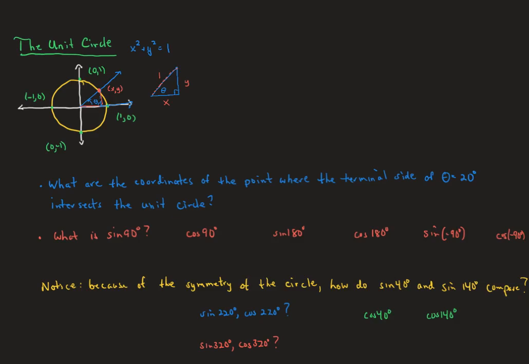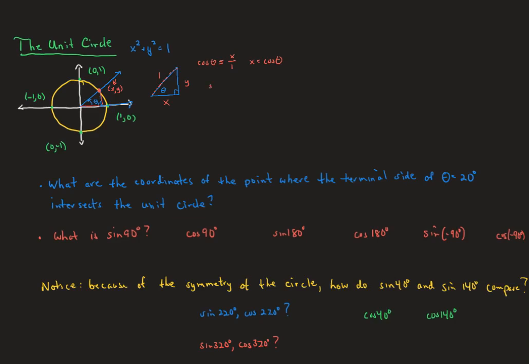So using our right triangle definition, we can say that the cosine of theta is going to be the adjacent, which is x, over the hypotenuse, which is 1. That is, we're going to say that x is equal to cosine of theta. Now remember, x is the x-coordinate of that point.